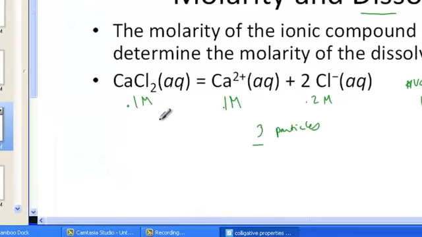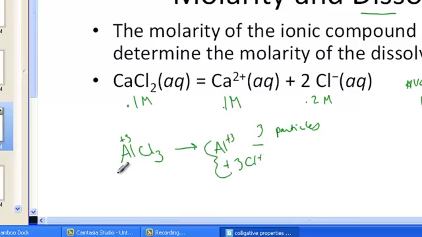Oh, just to kind of show what if we had aluminum chloride, AlCl3, dropping that into a solution of water to create an aqueous ion of aluminum, and we'd have 3 aqueous ions of chloride. The total number of particles when this salt dissociates, I see 4.